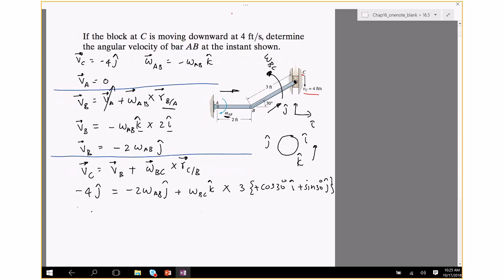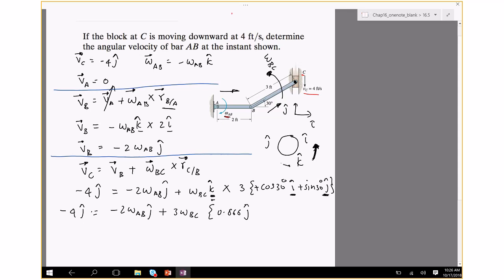Okay, so let's simplify this. Minus 4j equals minus 2 omega AB j plus 3 omega BC times the following. I need to do k cross I. I need to go from k to I in the counterclockwise direction, so it's going to be positive j. So cosine 30 is 0.866, and then k cross I is j. Then I have k cross j.